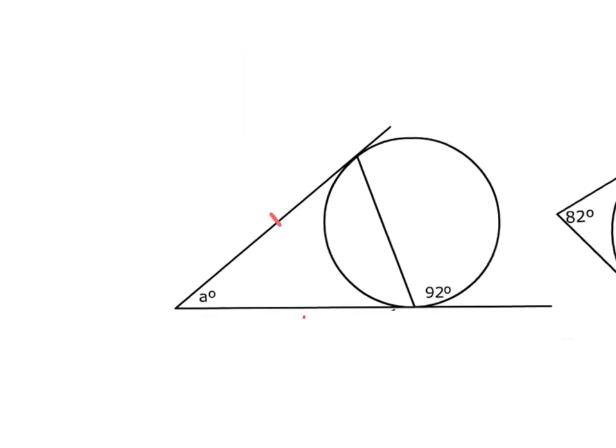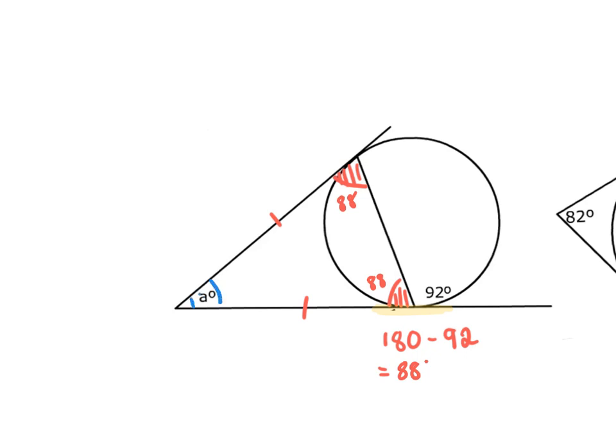Okay, first example, because you know that these two tangents are the same length, it means this is an isosceles triangle. You can use angles on a straight line, which I've highlighted yellow, to find the red angle. So 180 subtract 92 degrees gives us 88 degrees. So both of these would be 88.